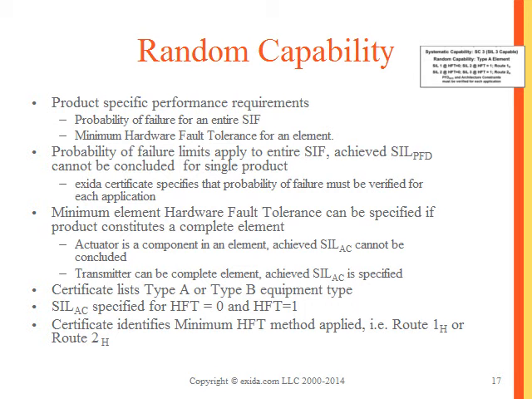An actuator, for example, is a component, but it's not an element. It's a component within an element. We would need a valve and a solenoid in order to have this actuator perform a safety instrumented function. So in the case of an actuator, we would not conclude an architecture constrained safety integrity level based on minimum hardware fault tolerance.